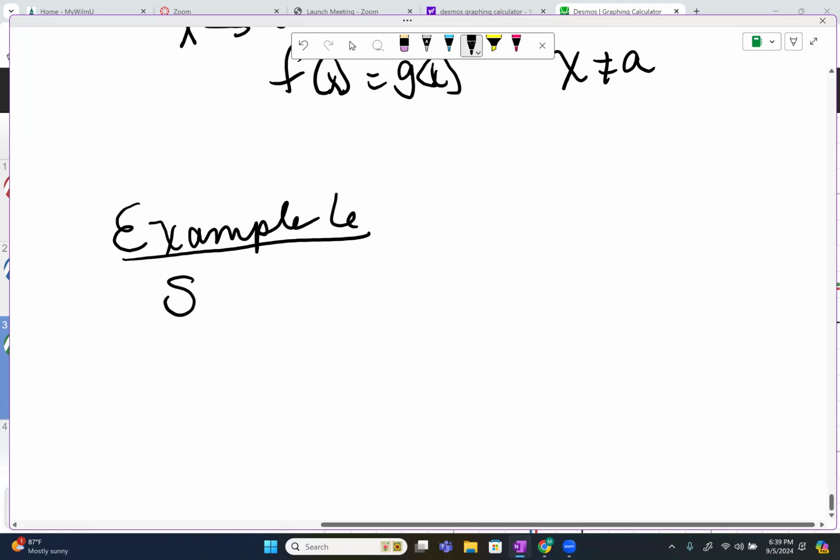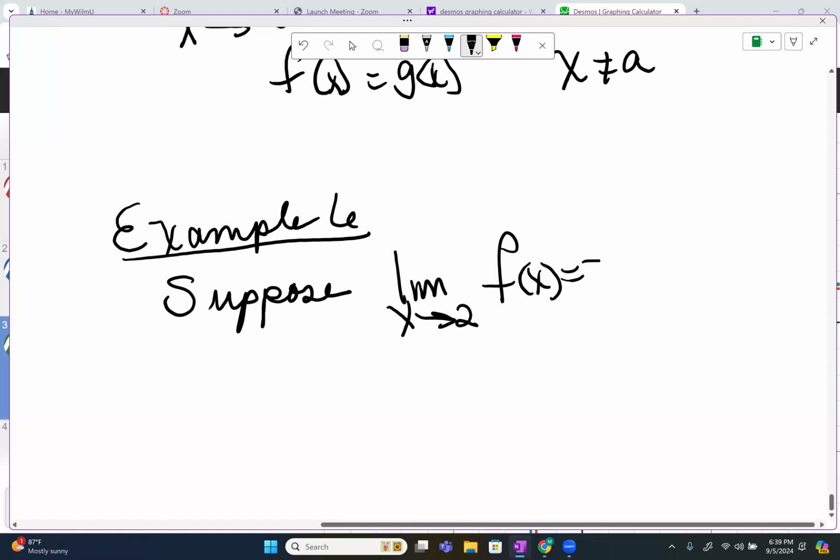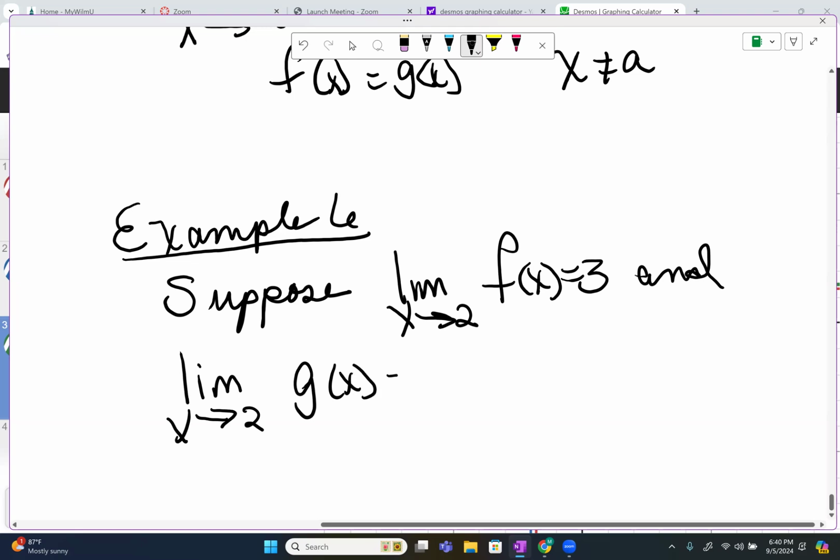So suppose the limit as x approaches 2 of f of x is equivalent to 3, and the limit as x approaches 2 for g of x is equivalent to 4.